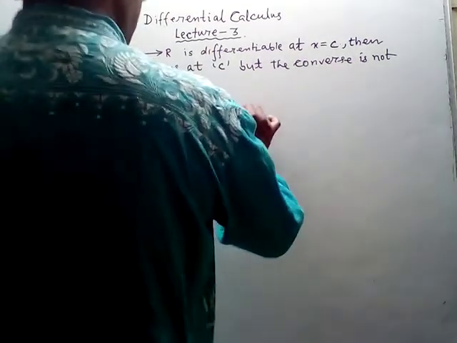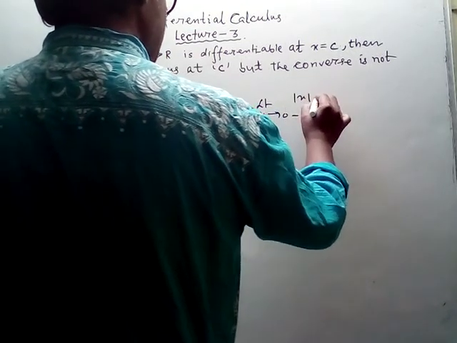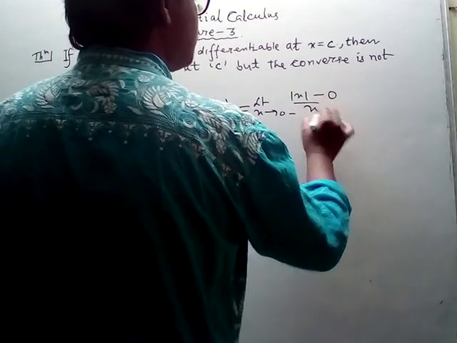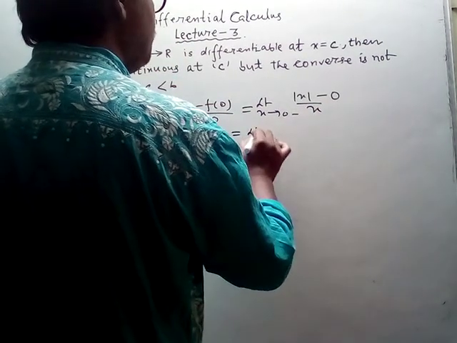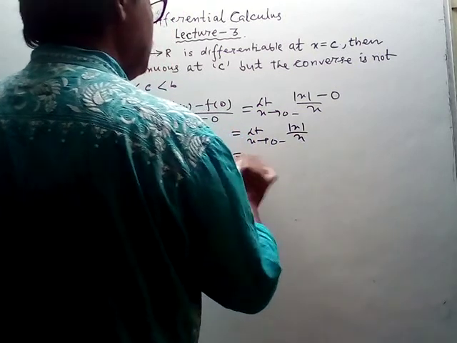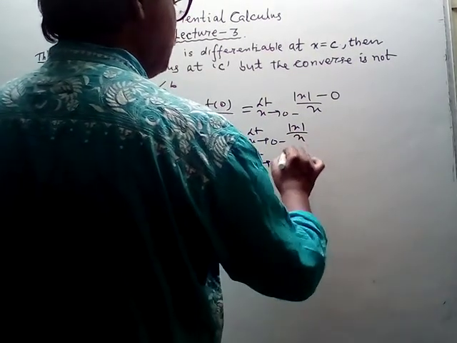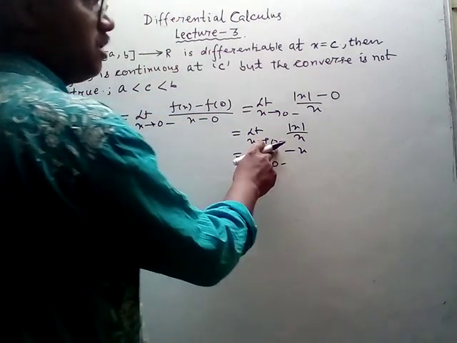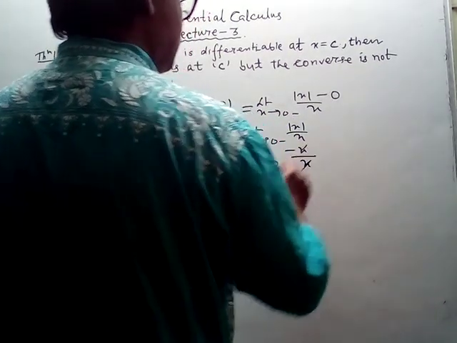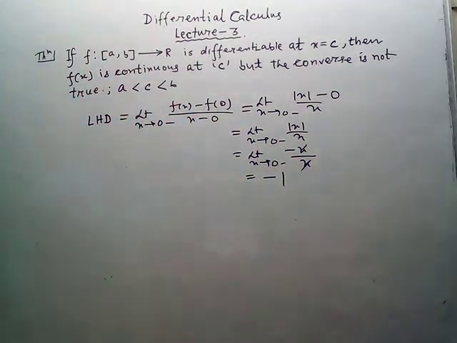That means modulus x minus modulus 0, that is 0, over x. This equals the limit x tends to 0 minus of modulus x by x. Because x tends to 0 minus, x is less than 0, so modulus x is minus x. The x cancels, giving minus 1.